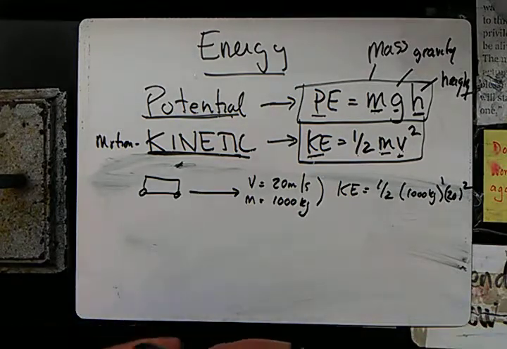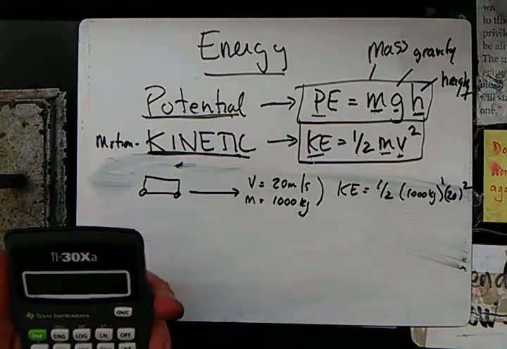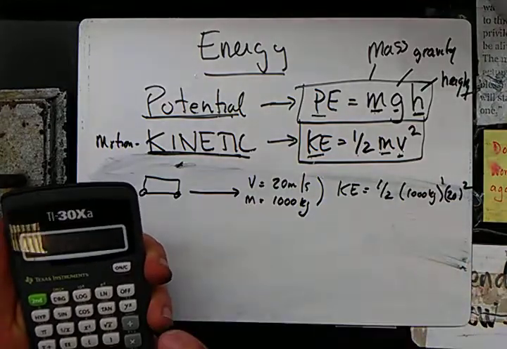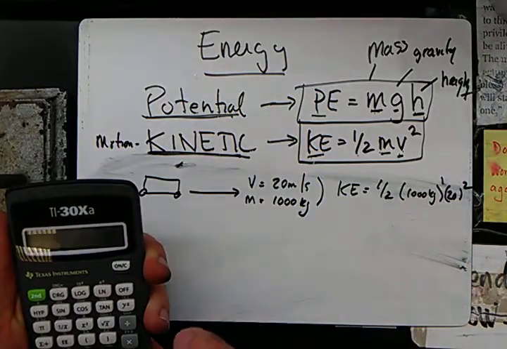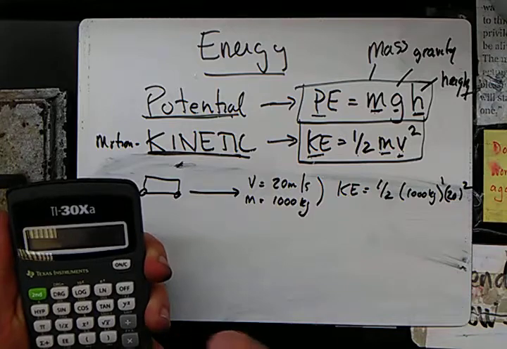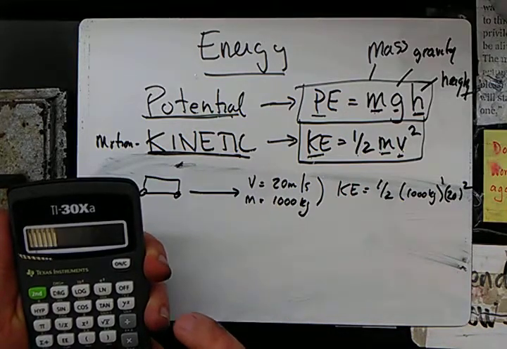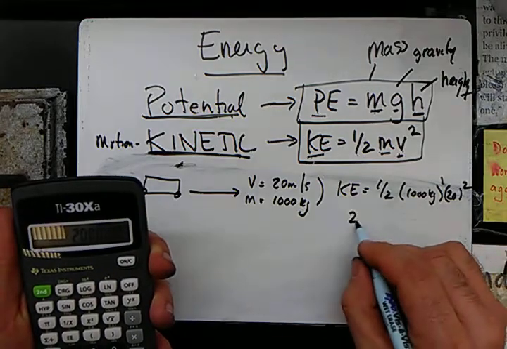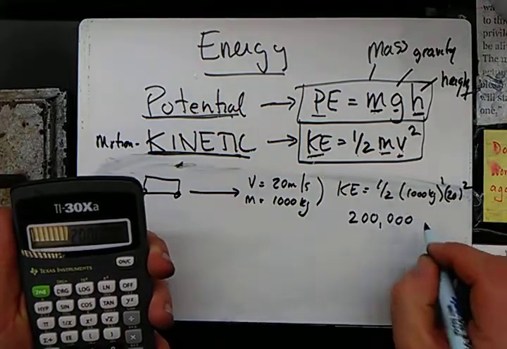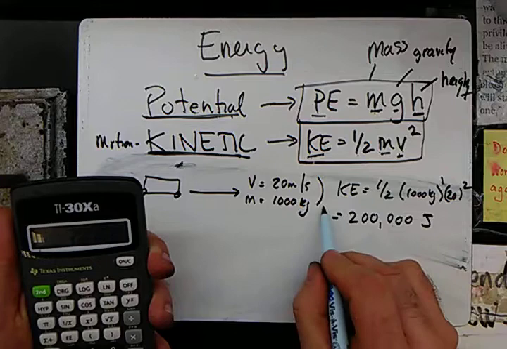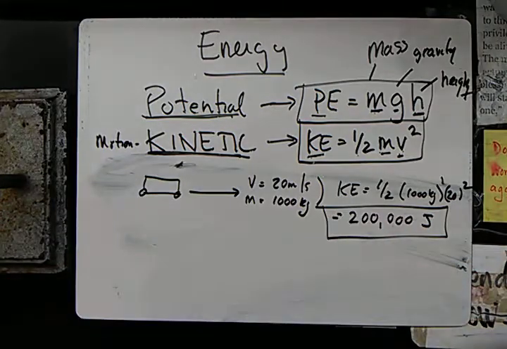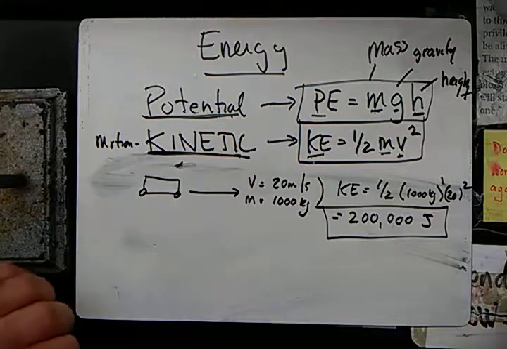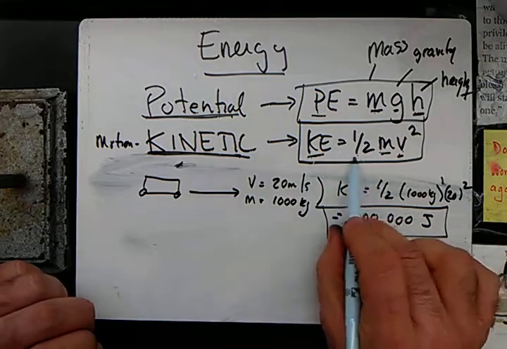So 0.5 times 1,000 times 20 times 20. This is equal to 200,000 joules. This is how to calculate the kinetic energy.